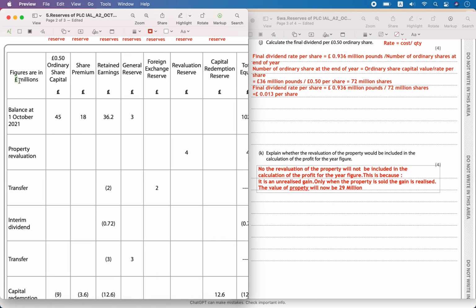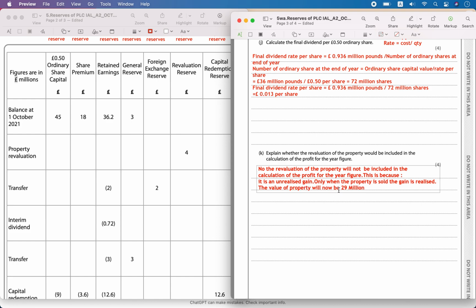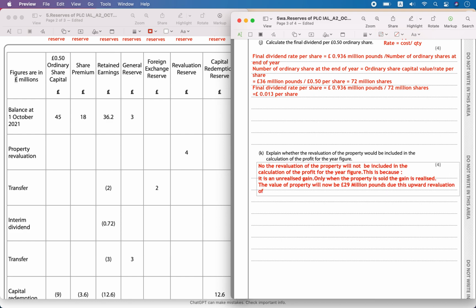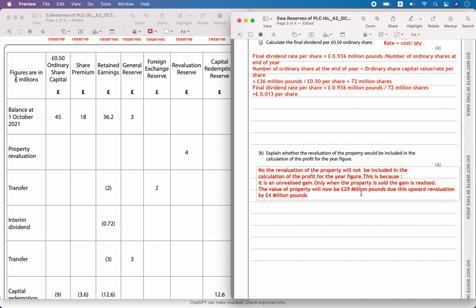Initially it was 25 million, and the upward revaluation of 4 million pounds will cause a change only in the value of the property, from 25 million pounds to 29 million. But only when it is sold will you realize the gain, so you will not include it in the profit figure.